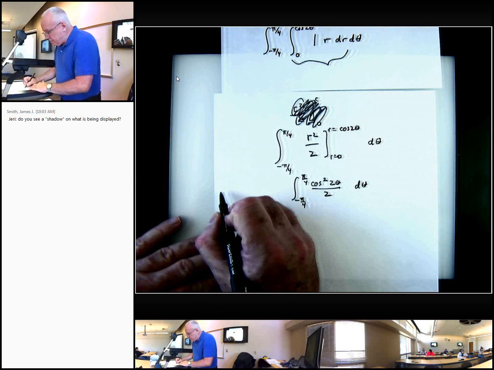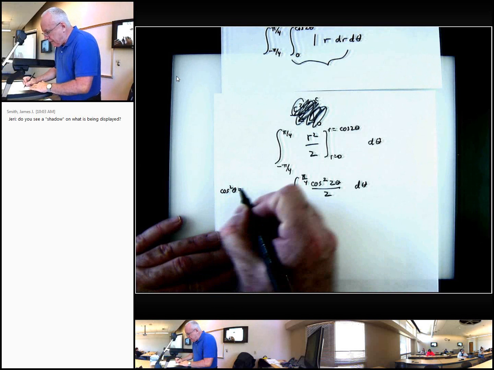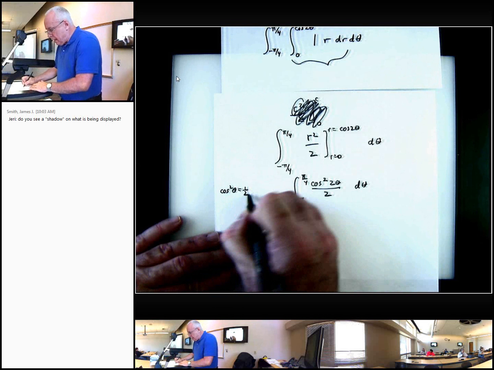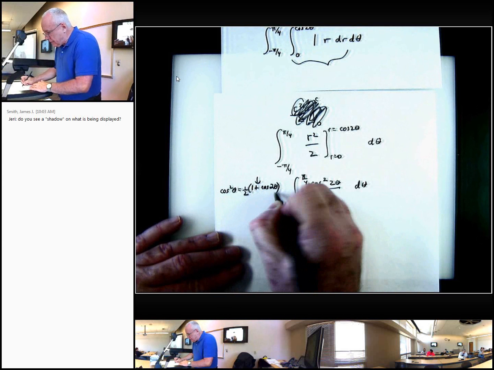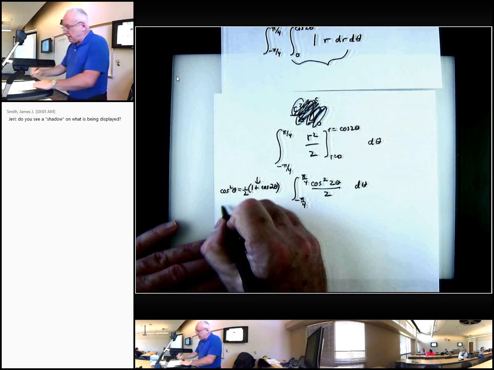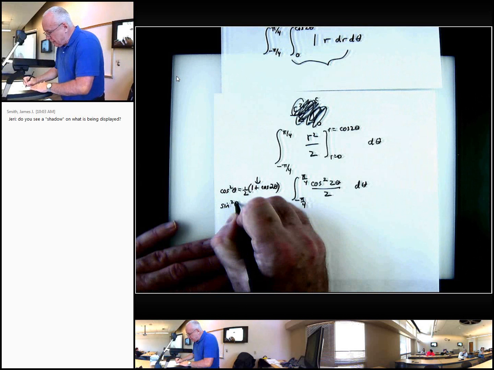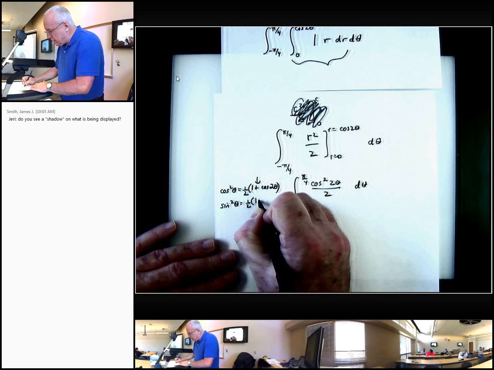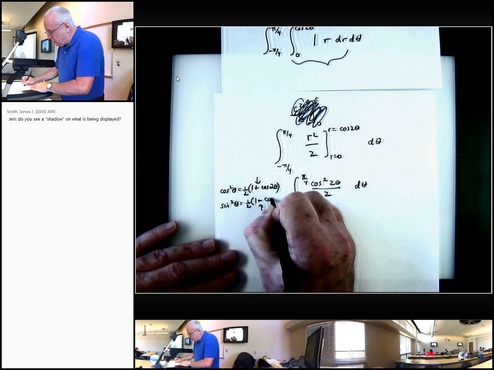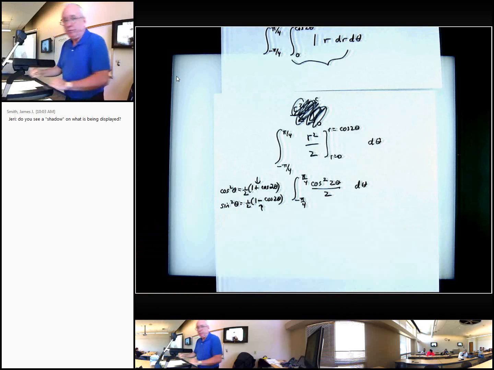Now let's remember, the cosine squared of theta is 1/2 times 1 plus the cosine of 2 theta. Let me write the sine one down while I'm at it. The sine squared of theta is 1/2 times 1 minus the cosine of 2 theta.